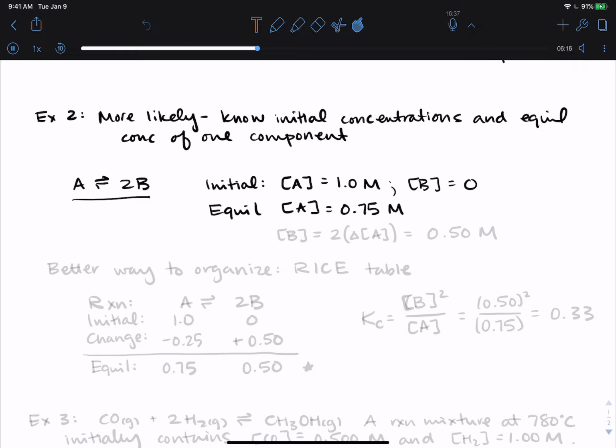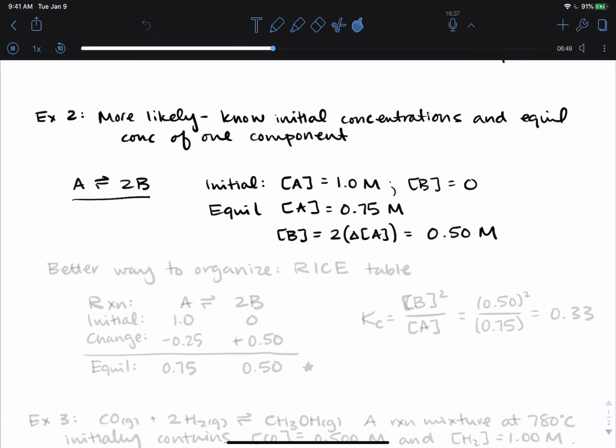So I used up 0.25 moles of A, or 0.25 molar for our specific units. My concentration of B, based on the balanced reaction, is 2 times the change in the concentration of A. So 2 times 0.25 means that I made 0.50 molar of B.